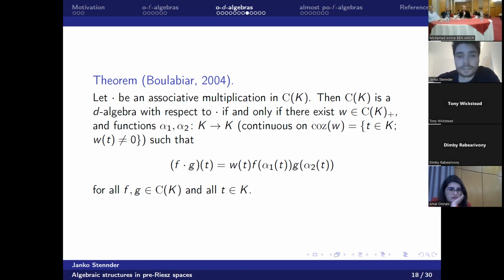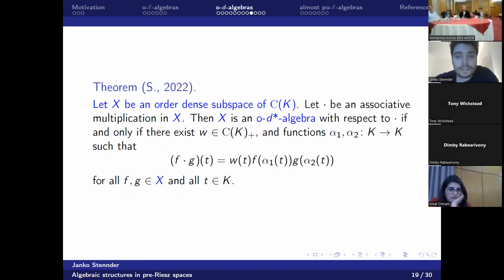This is already known. And I could prove again the same thing in order dense subspaces of C(K). When X is an OD star algebra, then we always get such a representation as well. So the representations on C(K) work really well so far.